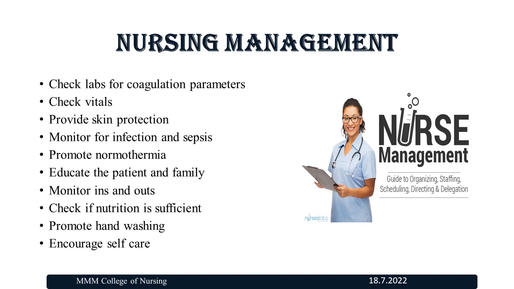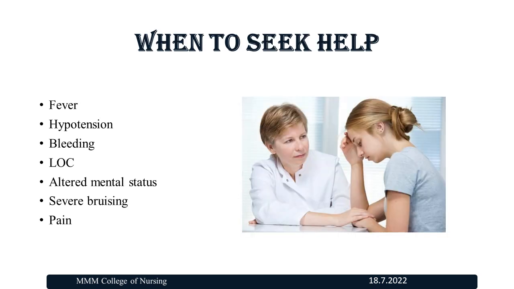We have to check the temperature regularly, educate the patient and family about management, further prognosis and treatment, monitor intake and output, check if nutrition is sufficient or insufficient, promote hand washing techniques, encourage self-care, and also teach when to seek help at a health institution. We have to inform the patient that with severe increased fever, severe hypotension, bleeding, loss of consciousness, altered mental status, severe bruising, or pain, they have to reach hospital immediately.